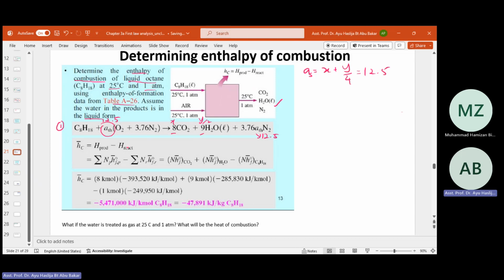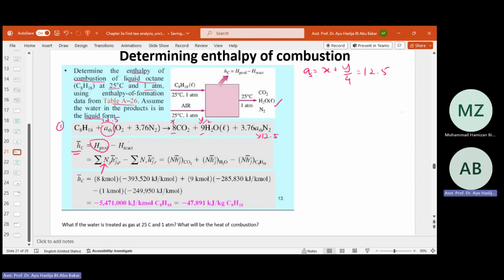Because the infos are required to find the heat of combustion, where heat of product minus heat of reactant. And then this heat of product is the total heat produced by the product. The total heat means you should involve the N, which is the mole of the product.